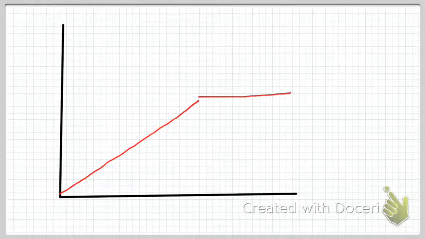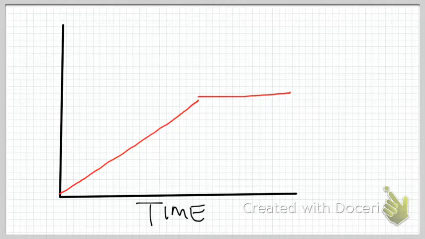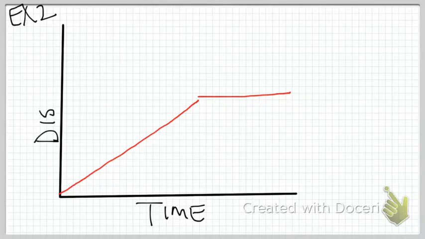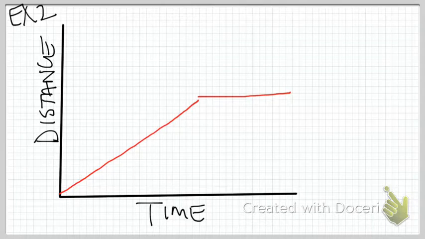Okay, let's say that this represents time, and this is example 2. This axis represents time, and this represents distance. Tell me a story about that. You create a story and tell me a story about that.